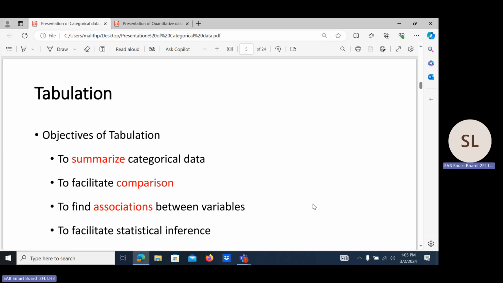Usually when data is collected, there are a lot of numbers, facts, symbols, those things. They cannot be easily understood by a person. Why? There are a lot of numbers, words. Before doing the analysis, the first thing we need to do is summarize those raw data.